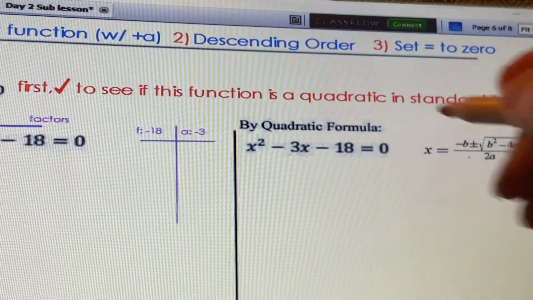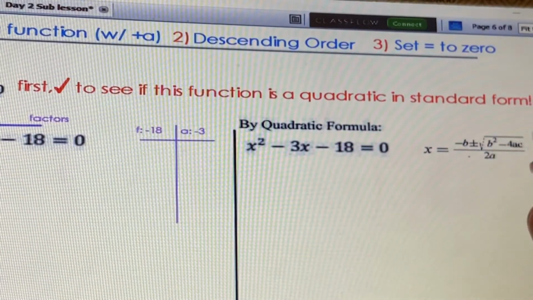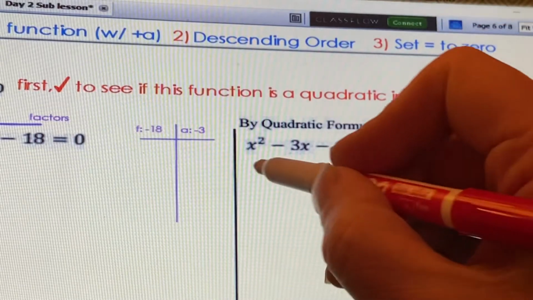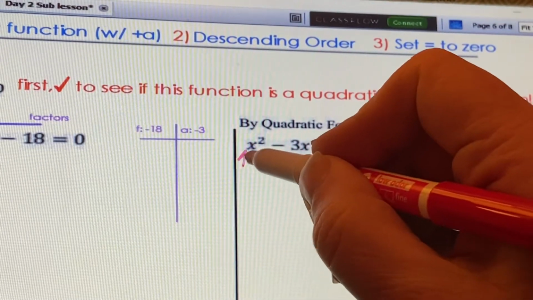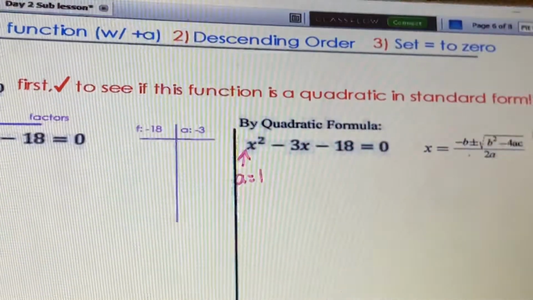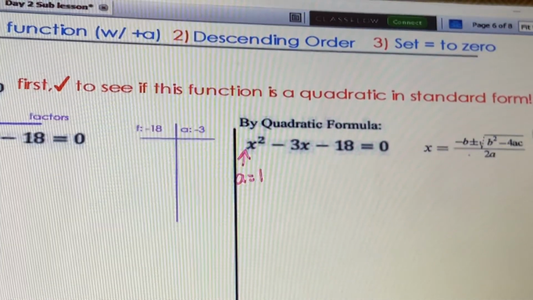So we have to identify the a, the b, and the c that are values that need to be substituted into this. So if you remember, the a is the coefficient that goes in front of your x squared. So our a is 1. Well, let me see if I have colors here.